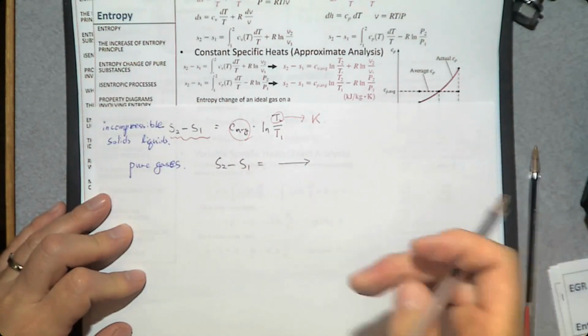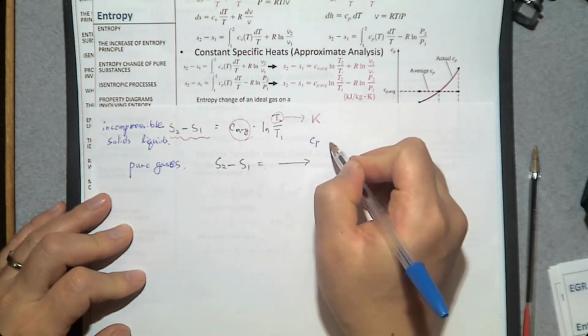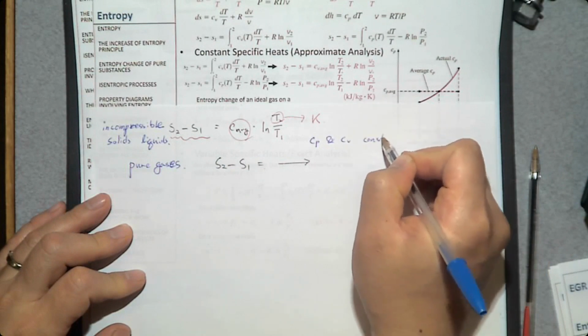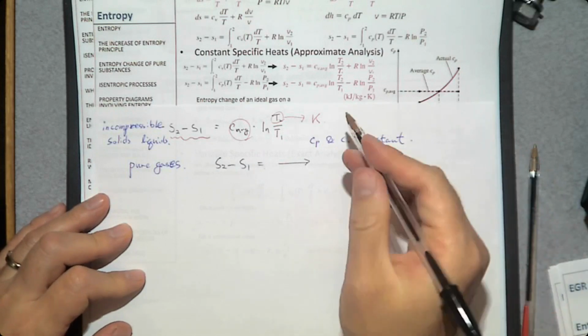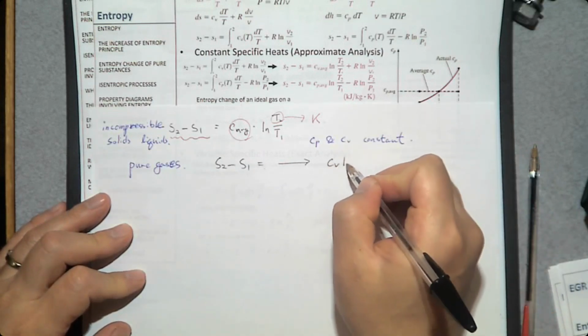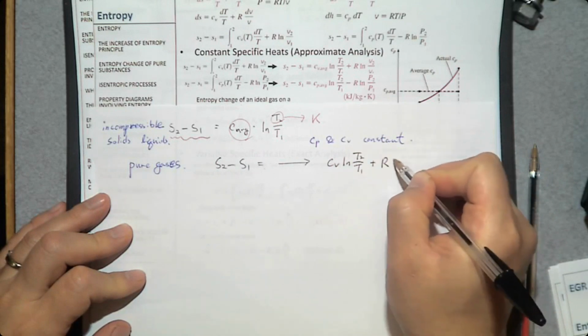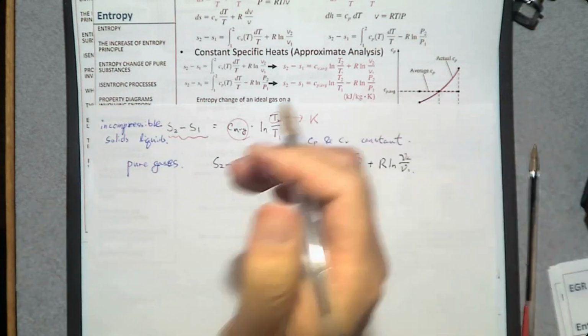One, assuming that specific heats are constant. So if we assume that Cp and Cv are constant, then it is Cv natural log T2 over T1 plus gas constant R natural log V2 over V1. That is one way.